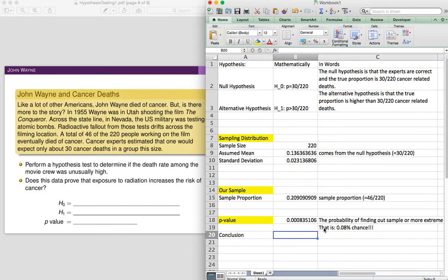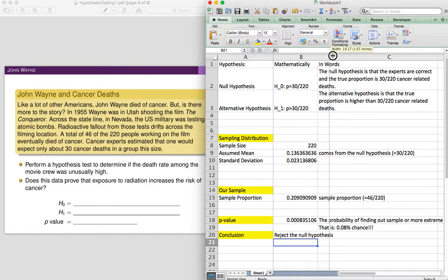Now, we are simply just not that lucky. We're not so lucky as to just find this sample by random happenstance. So our conclusion is to reject the null hypothesis.